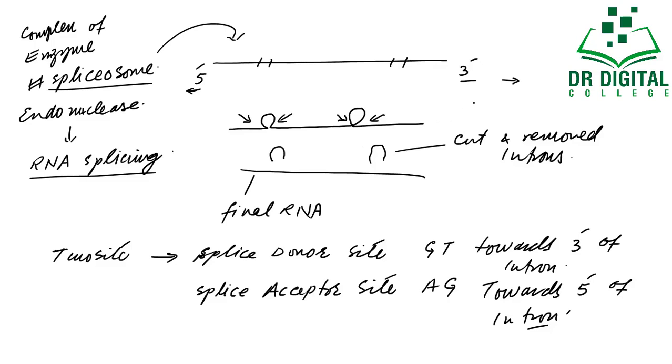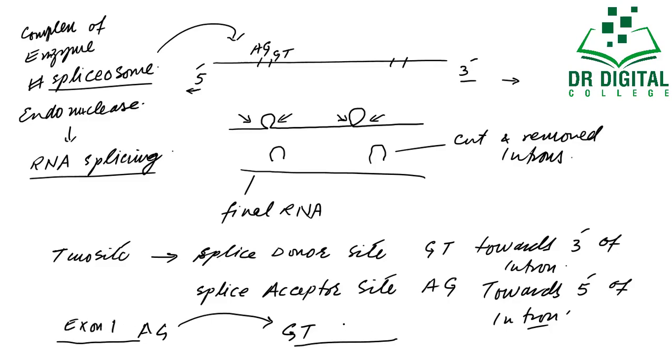Say for example, this is the 3' end, this will be here GT and this will be here AG. Now AG will join with GT. Say for example, this is exon 1 and this is exon 2.